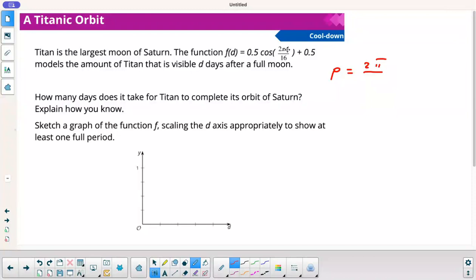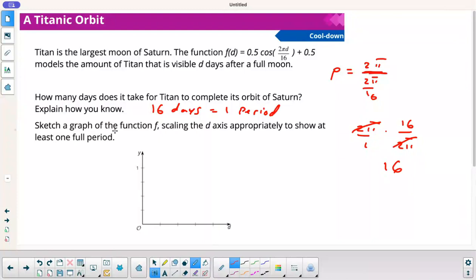B is here, d is my variable, so my b is this 2 pi over 16. So if I divide that, 2 pi divided by, I'm going to multiply by the reciprocal, works out really nicely because that just cancels, so I get 16. So I'm going to say 16 days equals 1 period. So that's how I know.